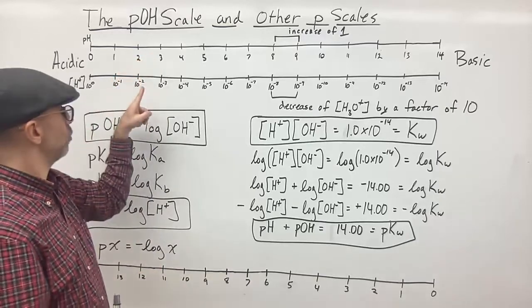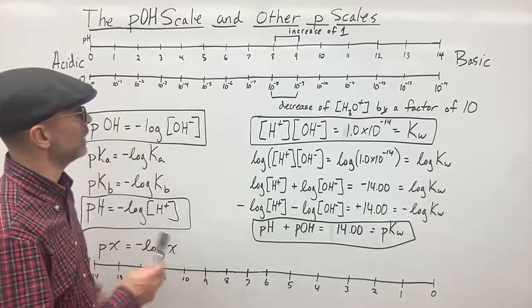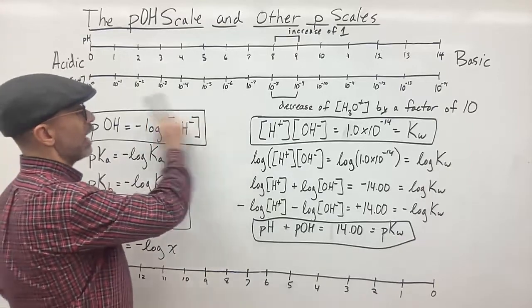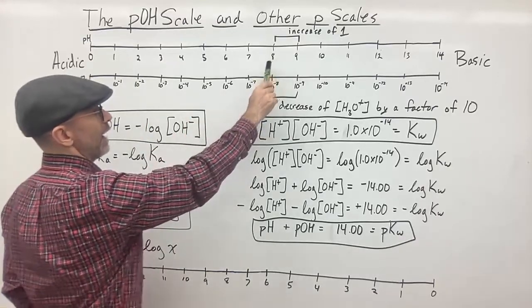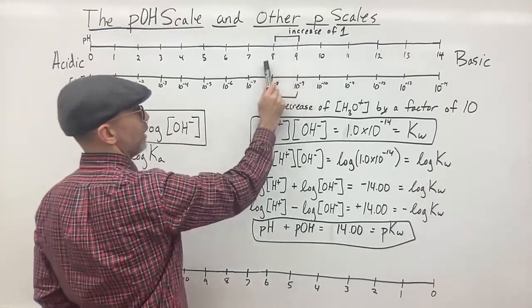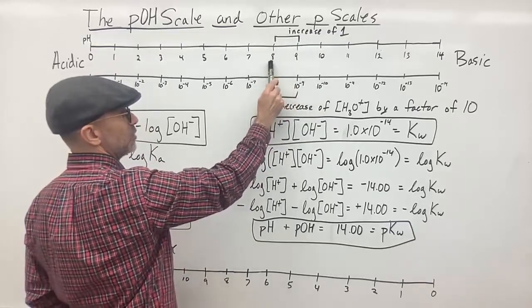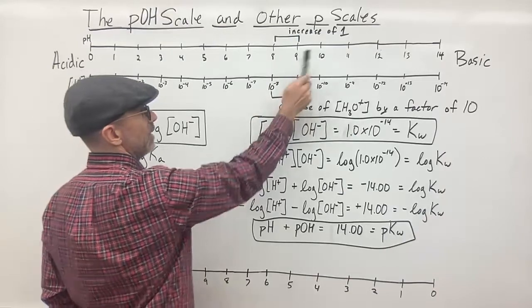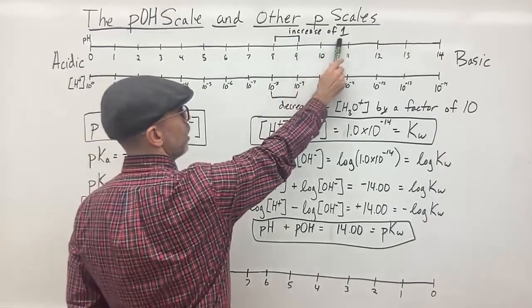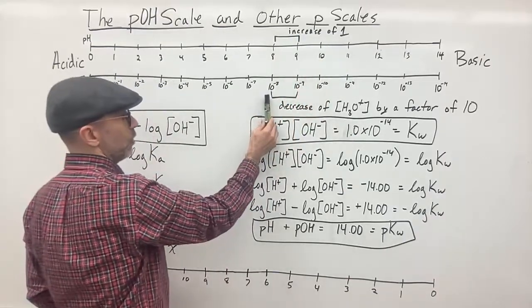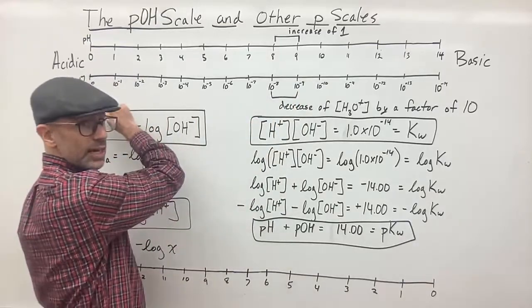So one thing I want to point out is that, as you can see here, if I increase by 1 on the pH scale, so if I increase from a pH of 8 to a pH of 9, that, of course, is an increase of 1. But notice what happens with the H plus concentration here.